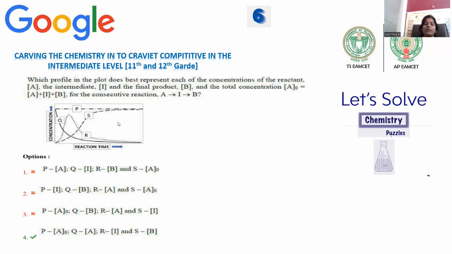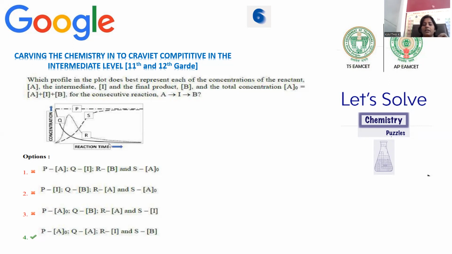In this graph, many curves are provided. All these curves belong to one particular instance among reactant, intermediate, final product, and total concentration, which all coexist. First, we have to look at what the x coordinate and y coordinate are. The x coordinate is the reaction time, and the y coordinate is concentration.